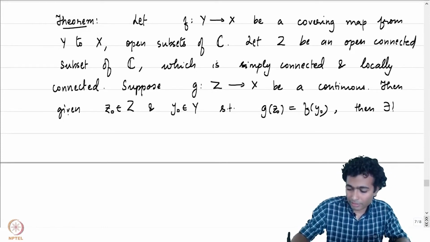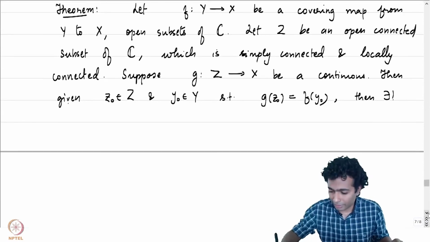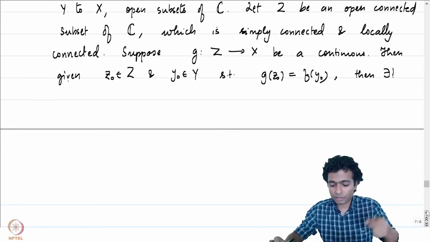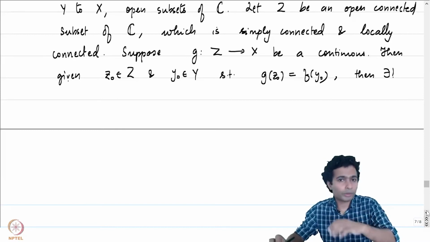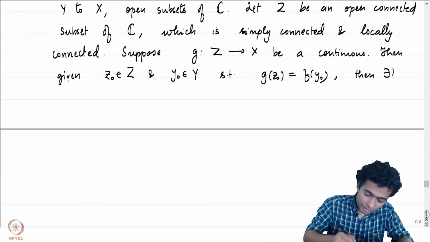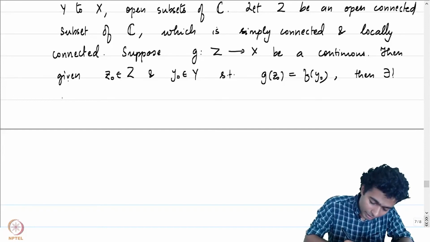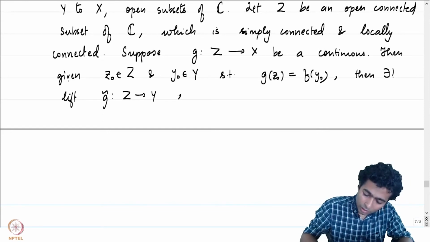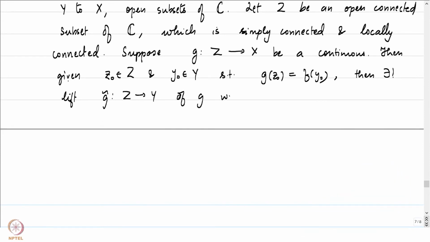Unless we mention one point where it can be sent to, it's not going to be unique. But the moment it is prescribed where a particular point goes, the lift is unique. That's something which we have already seen. Hence, there exists a unique lift G tilde from Z to Y of G with respect to F.